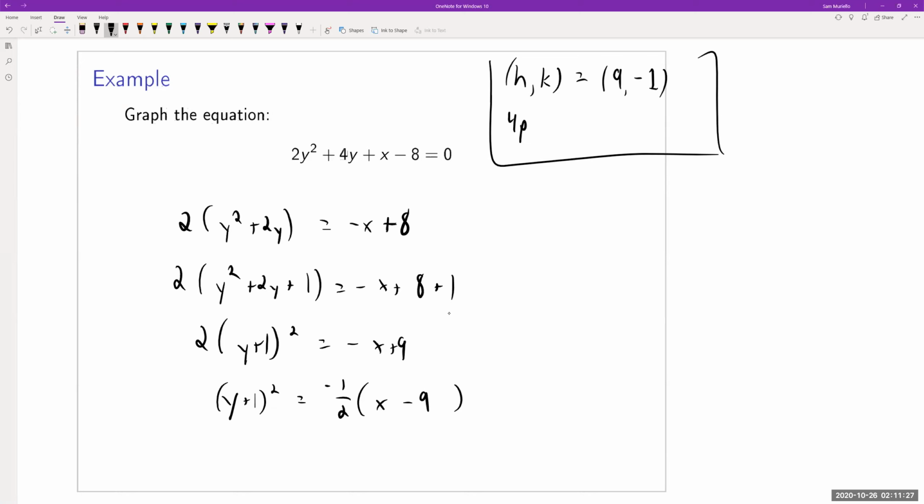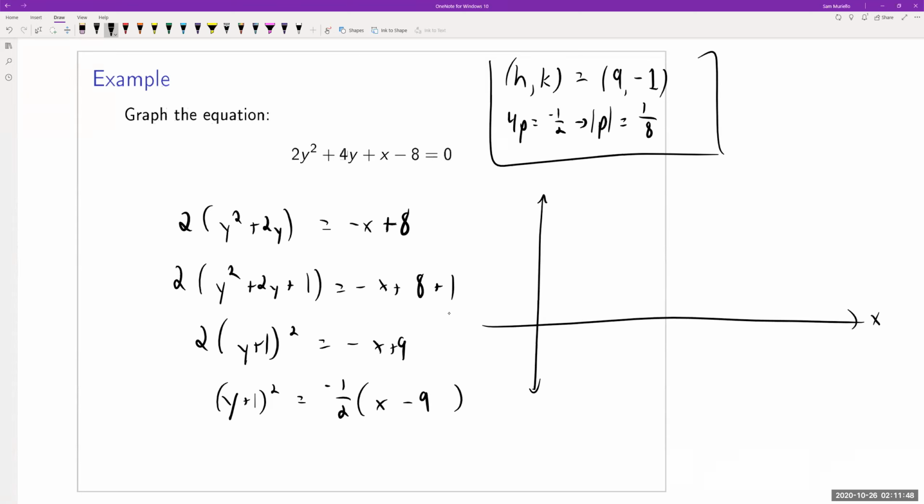Our 4p is equal to negative 1/2, which means that the absolute value of p is equal to 1 over 8. It's going to have a much shorter focal length than the previous one. So 9, negative 1.